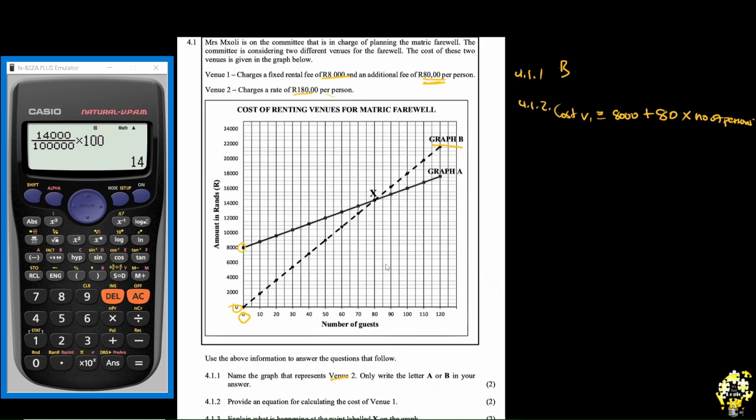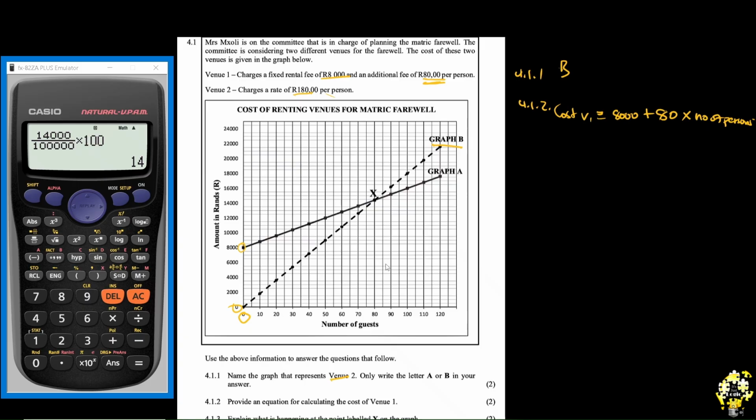What is it writing now? What's number of persons? It's number of persons. Don't even get me started. I'm kidding. If it makes you sleep better at night, you can write number of people. It's fine. So 8,000, which is a fixed cost, plus 80 rand, which per person should be paid, multiplied by the number of individuals which you'll be bringing to the farewell.